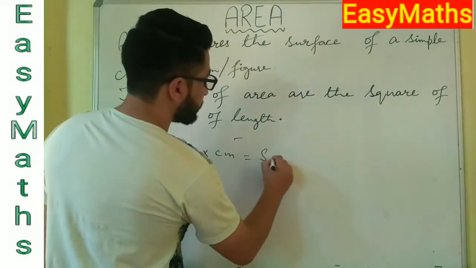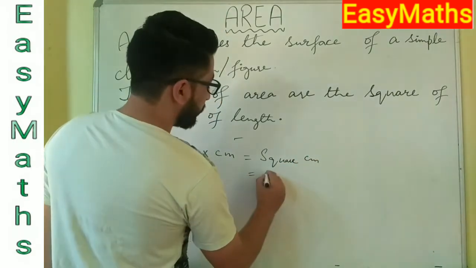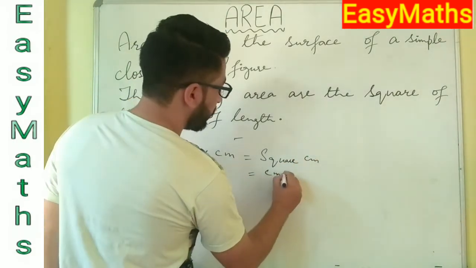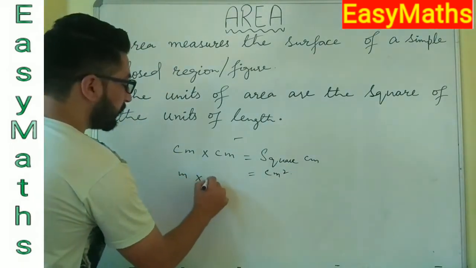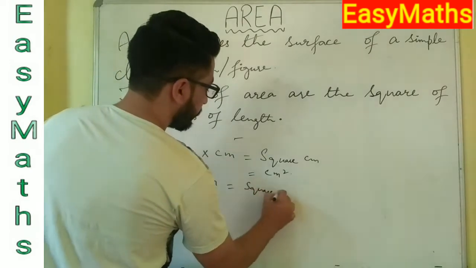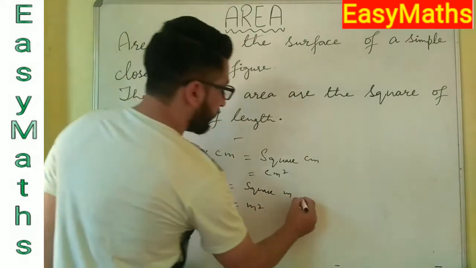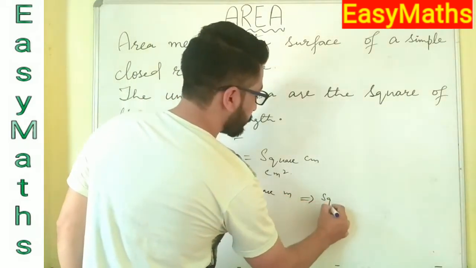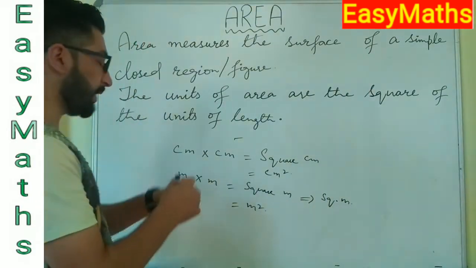So we can say square centimeter, or centimeter square. Same with meter multiplied by meter: it will be square meter or meter square. And we can even write it in short as sq. meter, that is said to be square meter.